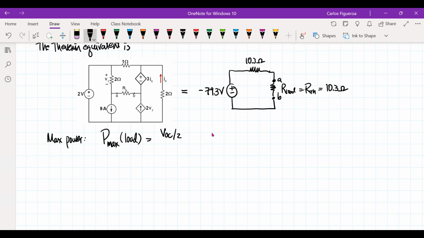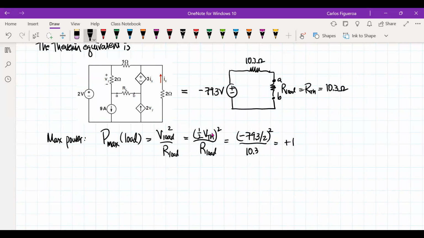So that's the voltage of the load. Maybe I should write it slightly different. So that should be the voltage of the load squared divided by R load. So if I use voltage divider rule, this should be 1/2 of VTH squared divided by R load. So if I do that, that's going to be minus 79.3 divided by 2 squared divided by 10.3, and I get a value of 153 watts for the max power of the load.